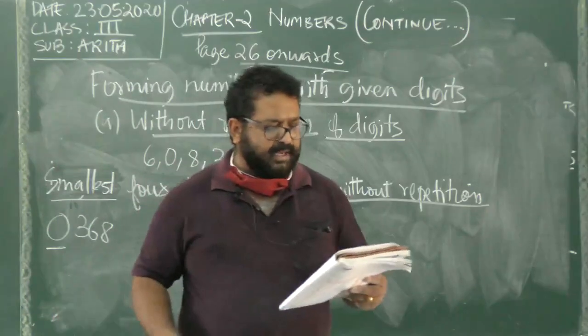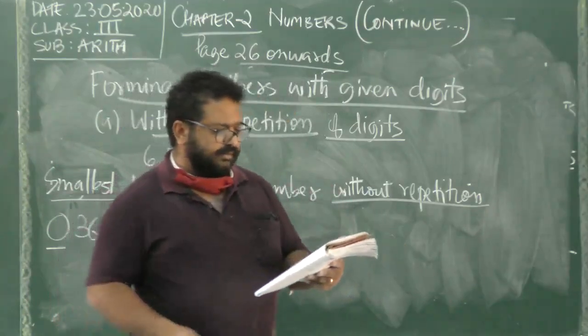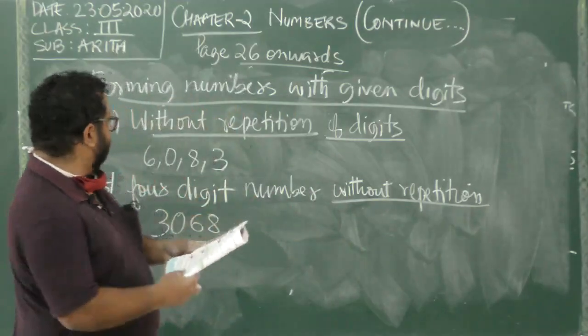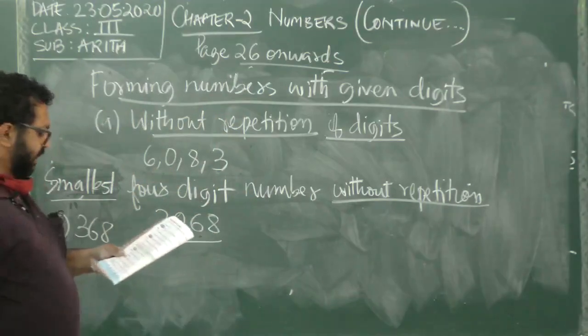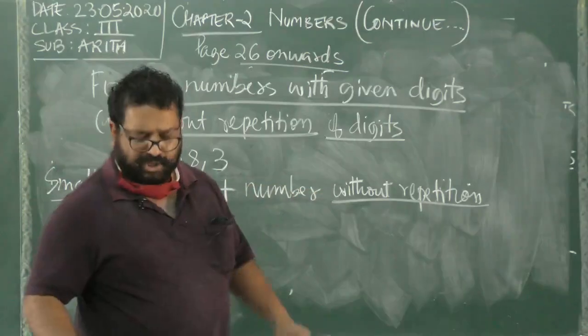Then example 3, write the smallest 4-digit number using 8023. We have done this. We have a number here. All right, now number B, with repetition of digits.